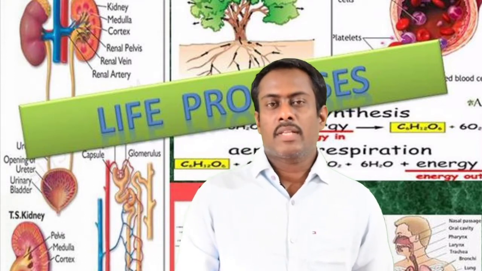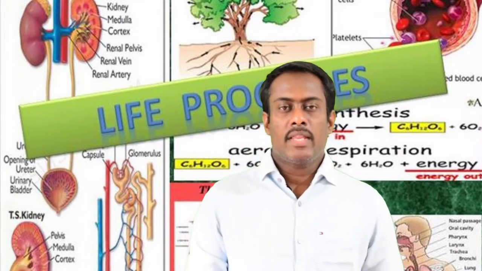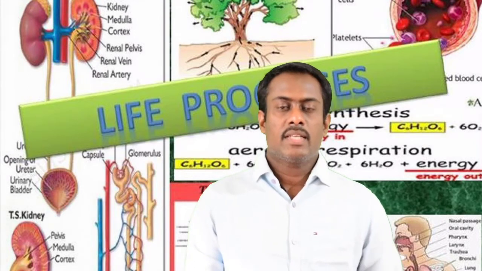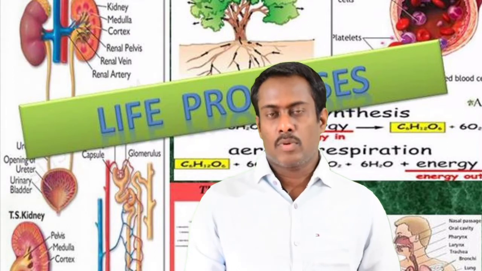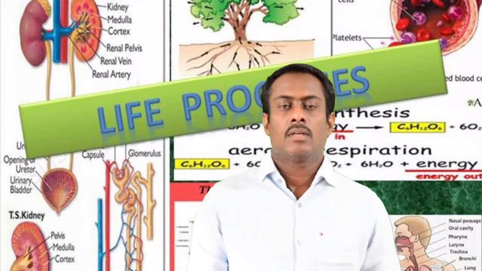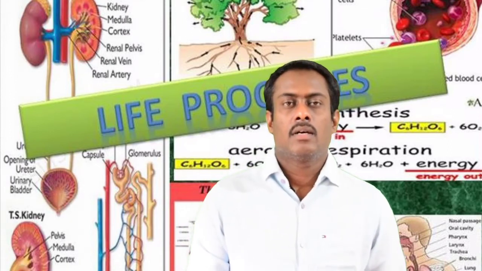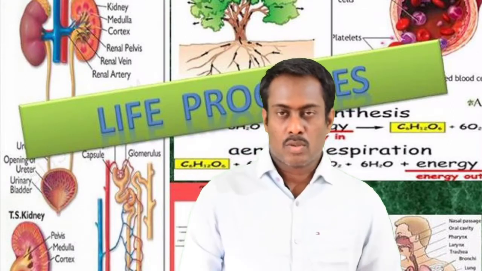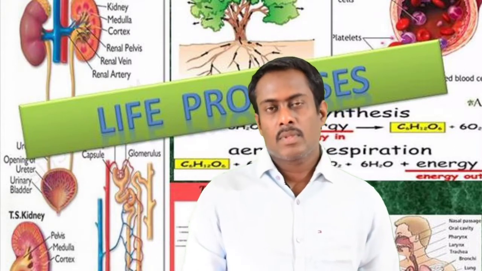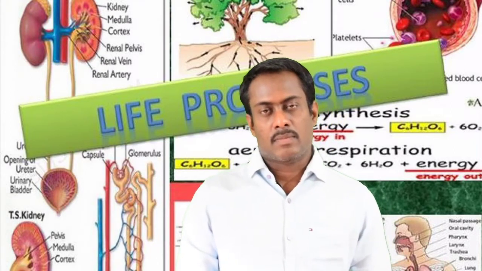But complex organisms form various organs and organ systems to carry out these various life processes in their body, like nutrition, respiration, excretion, and so on. Complex organisms are multicellular organisms. They are made of a large number of cells.